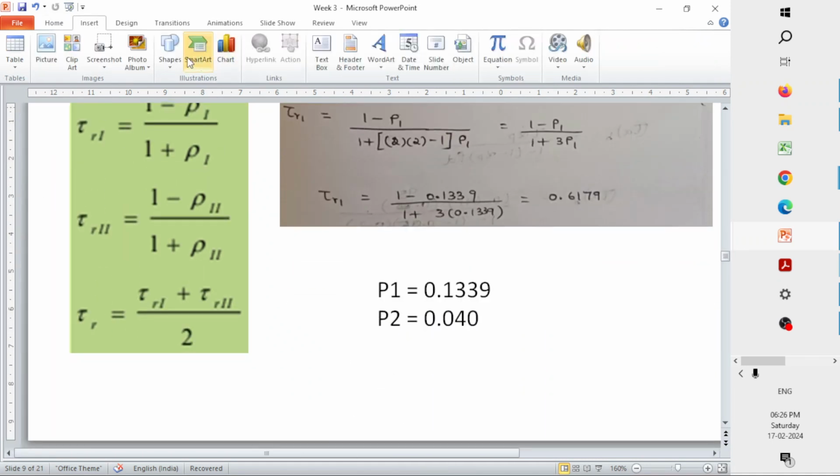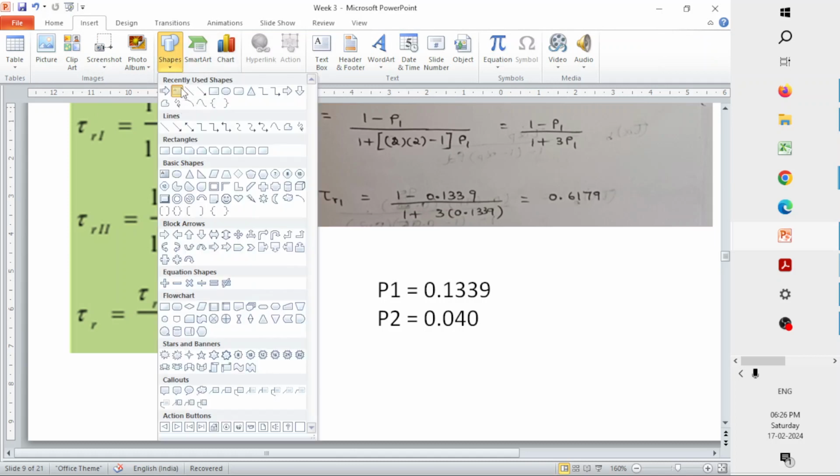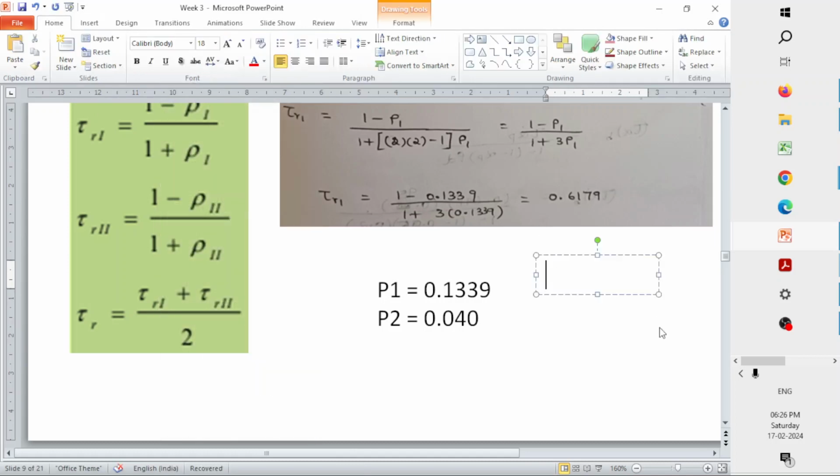This is given even in the video lectures, but I am writing it here once again. I am representing tau as t so that it is quick, otherwise it will take some time. It is 1 minus rho 1 divided by 1 plus (2m minus 1) times rho 1. Let me just expand this.